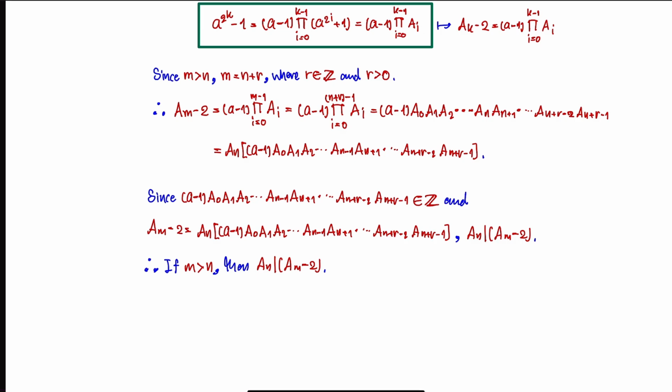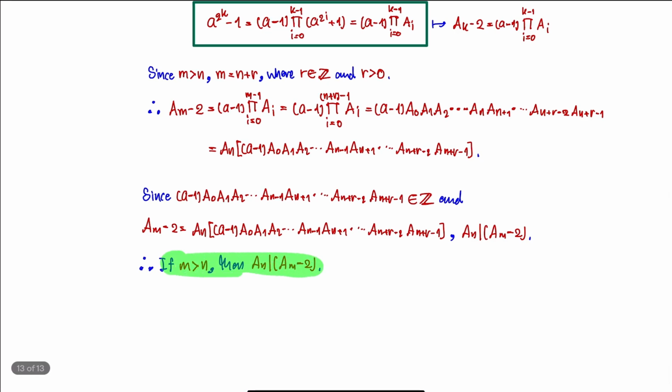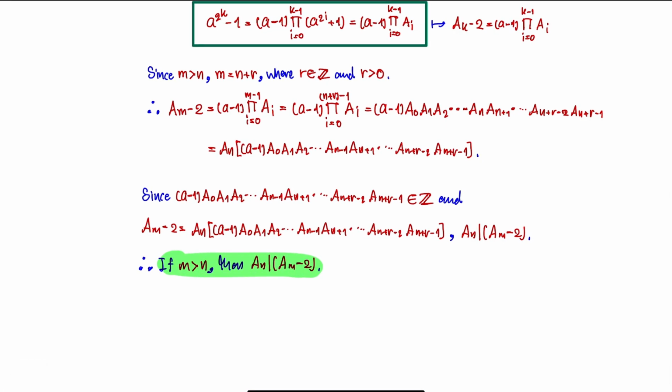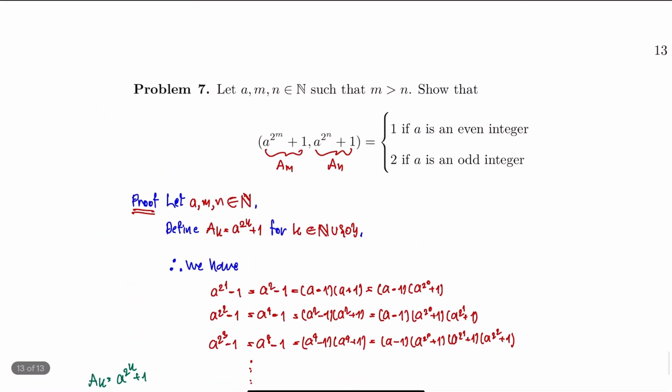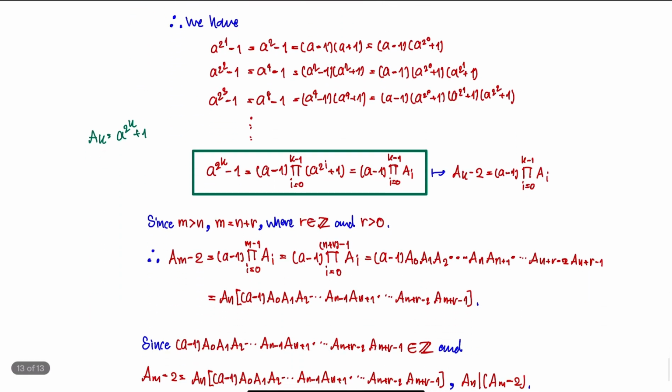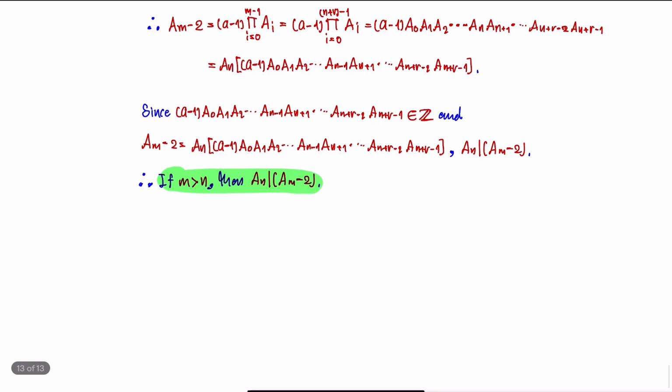Let me highlight this one right here. Then let's take a look at this greatest common divisor, a to the 2 to the m plus 1 and a to the 2 to the n plus 1. I want to let d be the greatest common divisor of a to the 2 to the m plus 1 and a to the 2 to the n plus 1, which are now a_m and a_n.